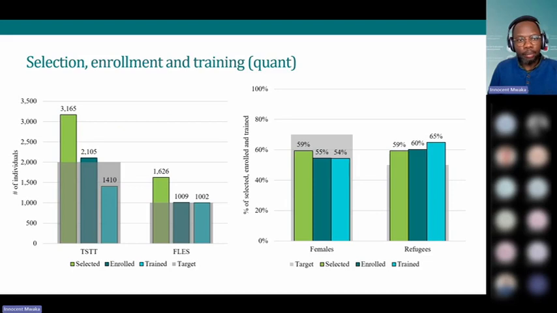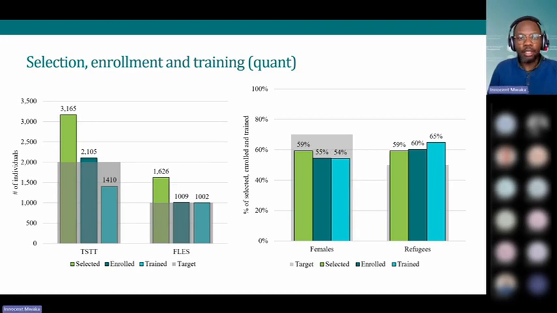At baseline, the quantitative group, of course, did some surveys, and as a demonstration, if I take this side of the graph, we see that over 3,000 participants were selected for the training, over 2,000 enrolled for the training, and only 1,400 did the training.